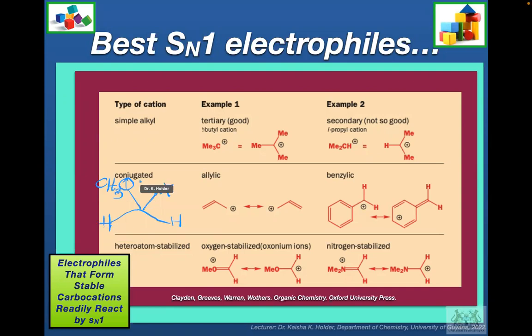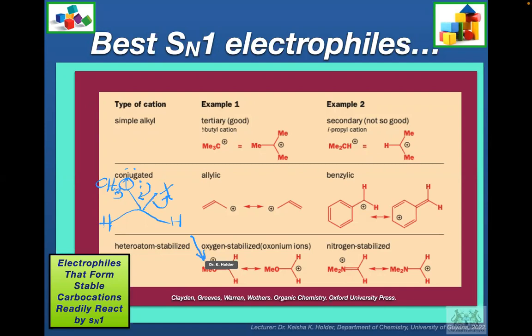Of course, the oxygen has 2 pairs of electrons. So the electrons on the oxygen actually help to push out our leaving group. And when it does that, the lone pair electrons collapse onto the oxygen carbon bond. And that forces our leaving group, which is already a good leaving group, to leave. And this is the result.